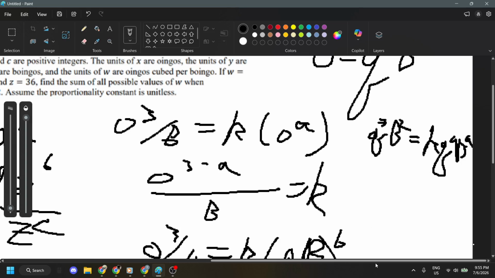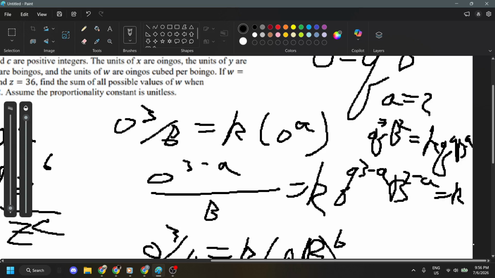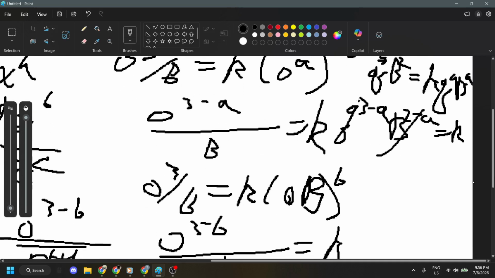So then divide: q to the 3 minus a, boingo to the 2 minus a is equal to k. So then a has to equal 2 to make this true, because this has to be unitless, so we can't have boingos, so this must be 1, so a must be 2. So q to the 1 is equal to k.